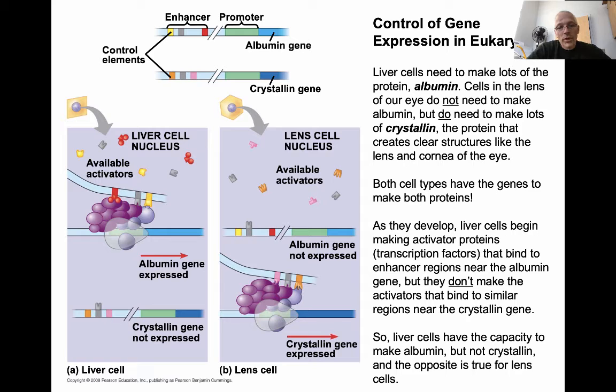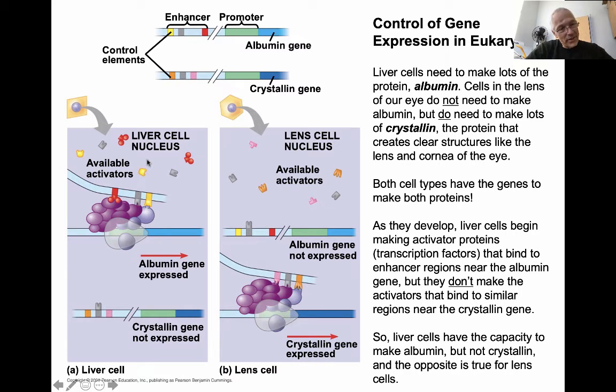So what's going on? Well, as the liver cell develops, as the organism, in this case a human, develops, and the liver starts to develop inside the embryo and then inside the fetus, genes are switched on that produce a whole series of transcription factors.